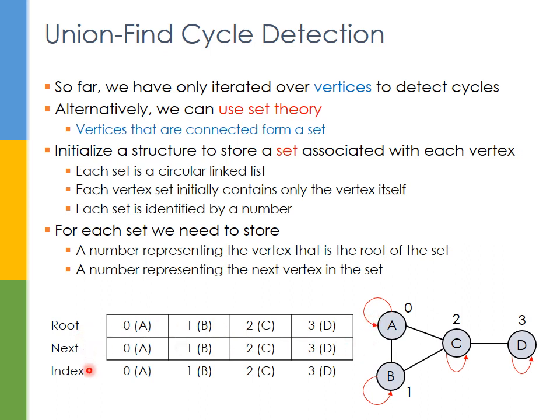And if we look at the indices or the subscripts, we can see obviously these are numeric subscripts, but each of them relates to a specific vertex. So index 0 relates to vertex A, index 1 to vertex B, index 2 to vertex C, and index 3 to vertex D. So then at these indices, we have then a root and a next value.